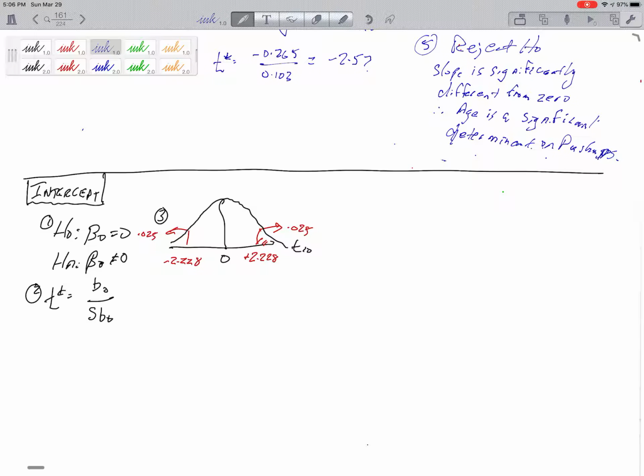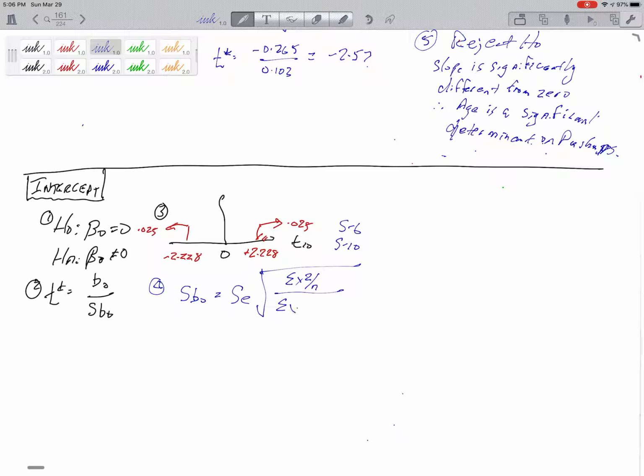And now let's go and do the calculation. Again, we're using the values from page S6 and S10. And so we've got the SB naught value is equal to SE times the square root of, and the numerator looks a little different here. It's not 1 like it was for the slope, it's this. And then the denominator is the same. Okay, so let's see that.